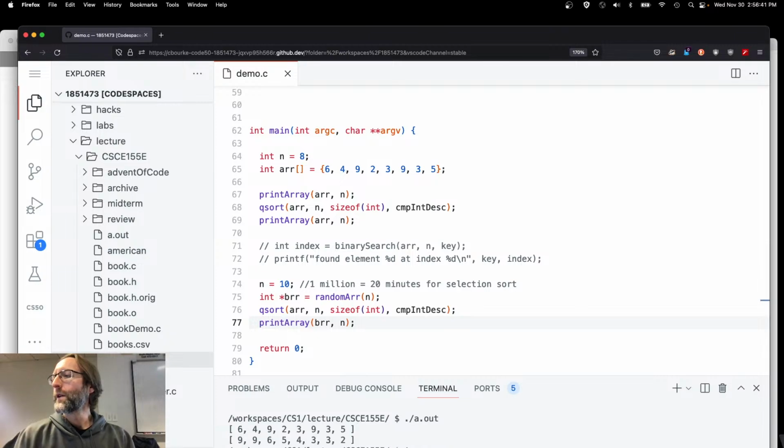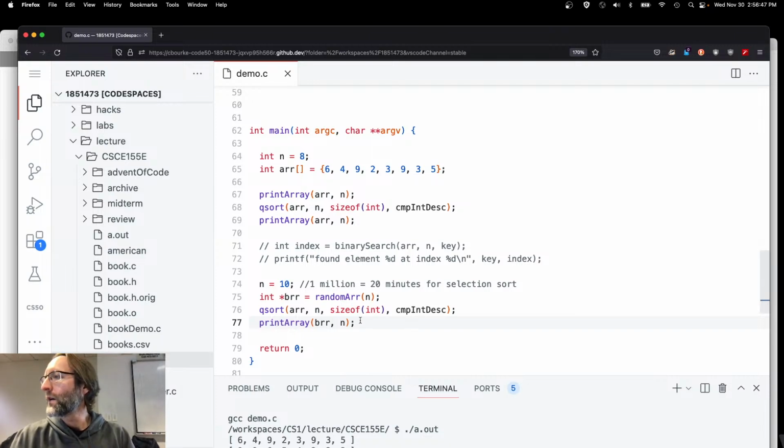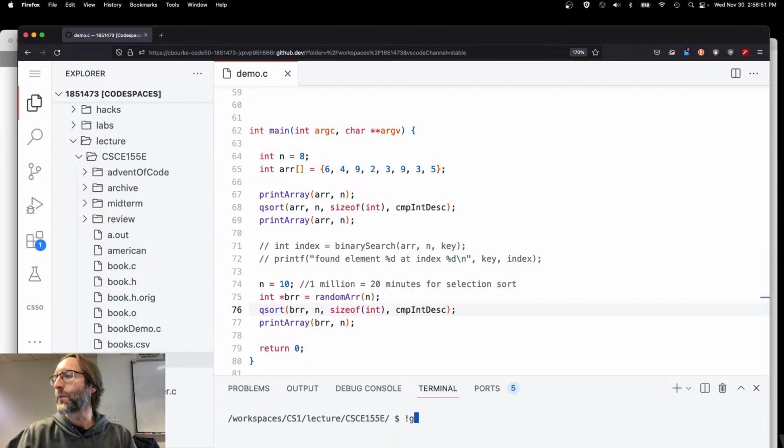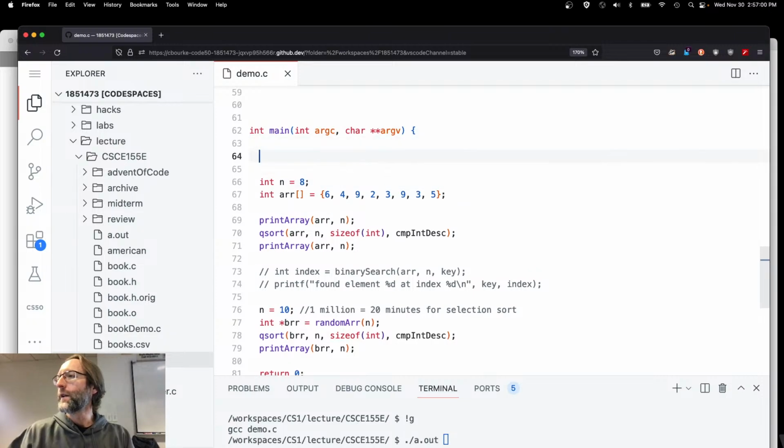GCC. There's a different random array, 83, 86, 77, 15... Oops, it didn't work because I didn't sort the correct array. There we go. So now this should be in descending order, whatever random values it comes up with. Oh, and I need to seed it, sorry. srand of time null.